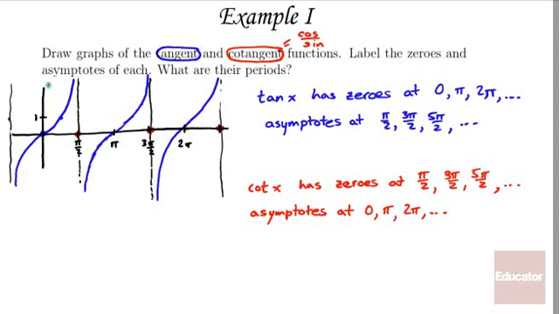So cotangent looks kind of just the opposite of tangent.